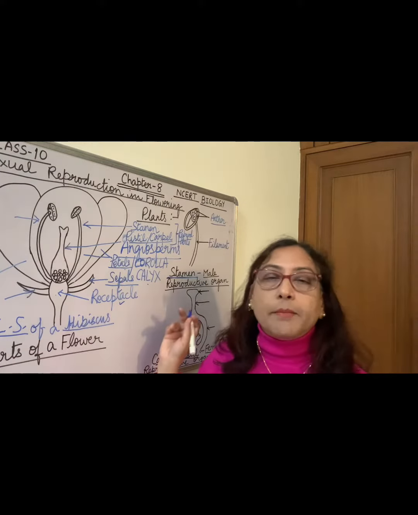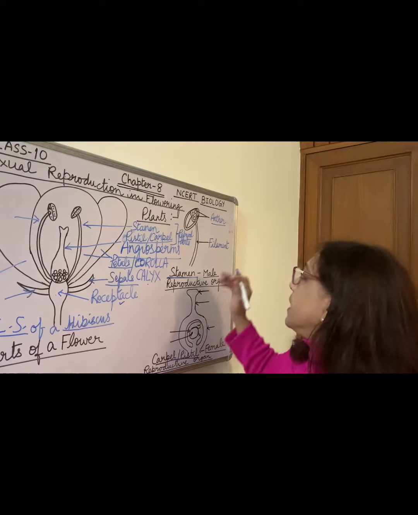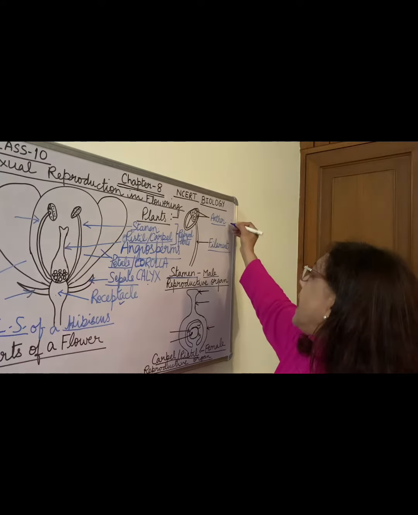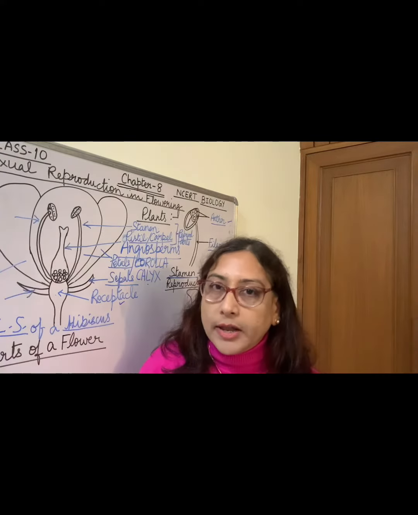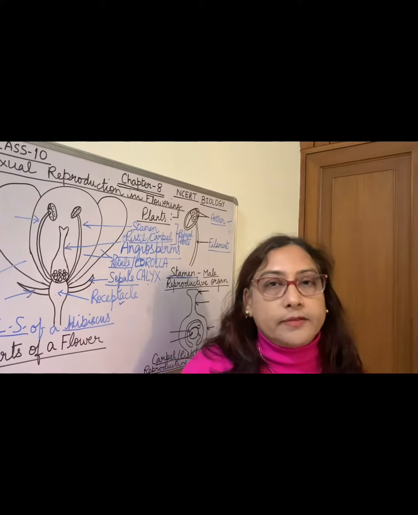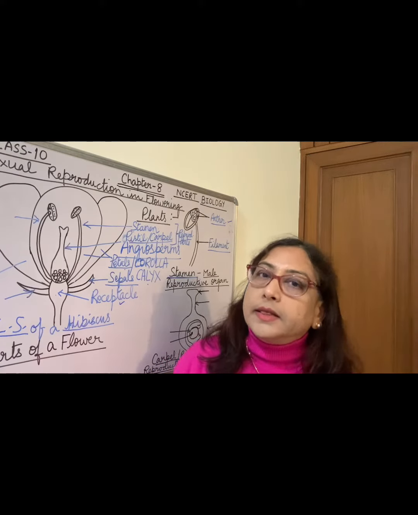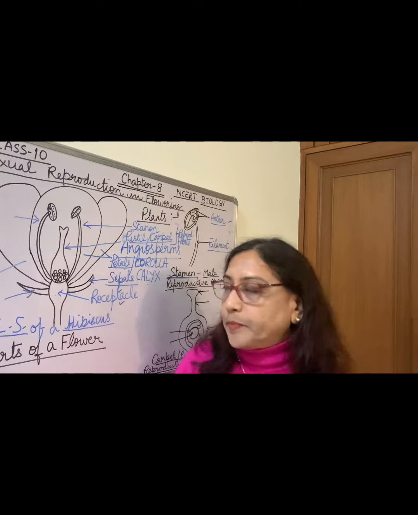The stamen is the male reproductive organ, and it consists of two parts, the filament and the anther. The anther contains the pollen grains, and each pollen grain contains the male gamete.